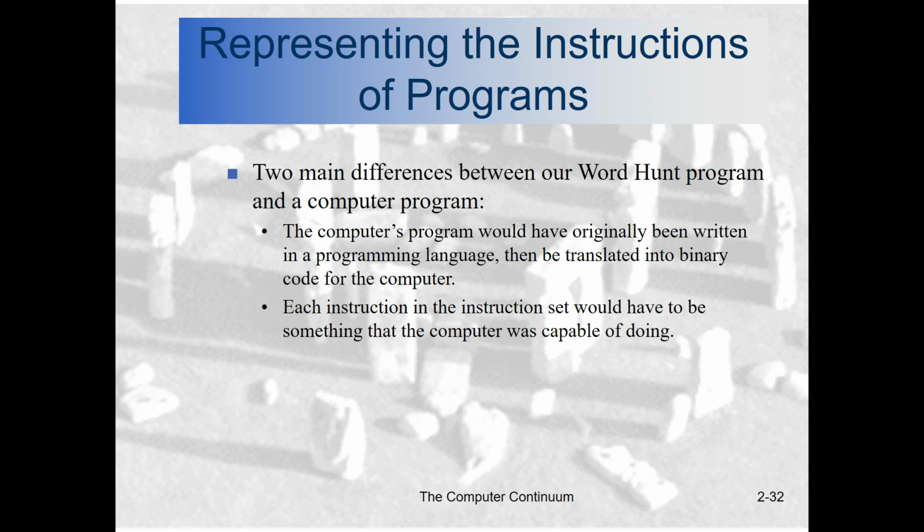So each instruction in whatever you're writing in a programming language should be a set of instructions that the computer can execute, that the computer can actually understand. And if you write something else which the computer doesn't understand, it would give you an error. Okay.